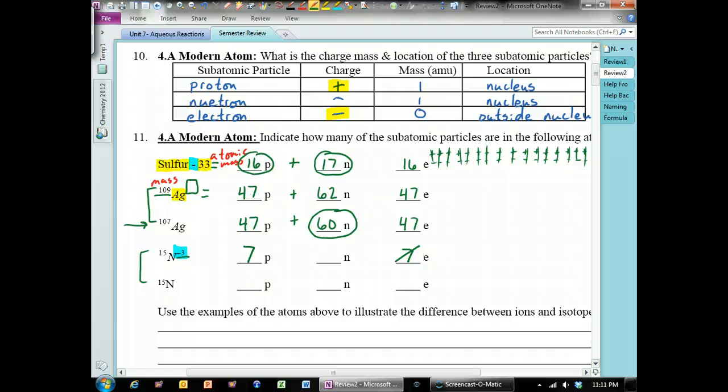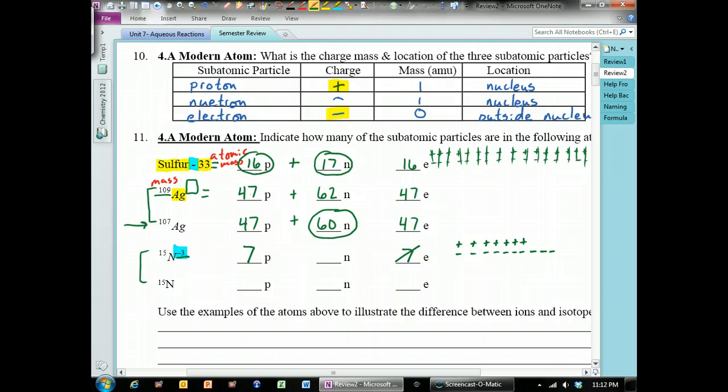The -3 means that we have 3 more electrons than we do protons. So we have 7 protons. In a neutral atom, we would have 7 electrons, but we don't have a neutral atom. We have -3, which means we have 3 extra negative charges.